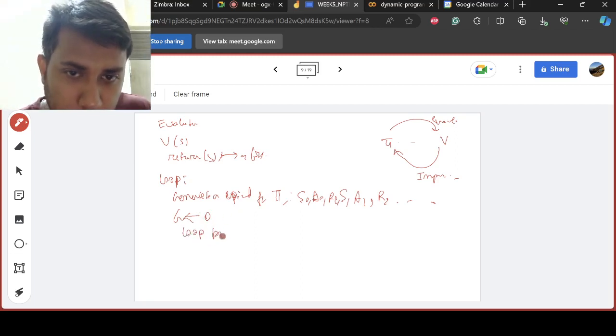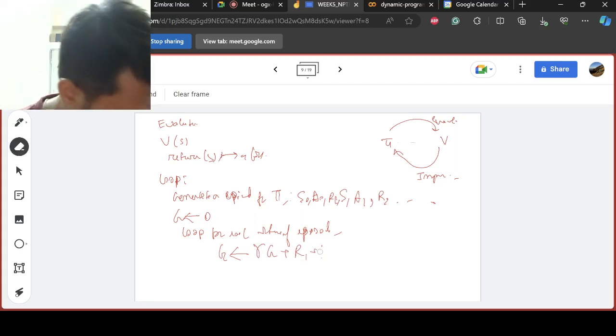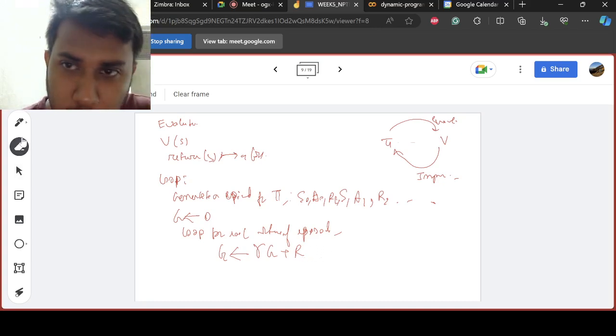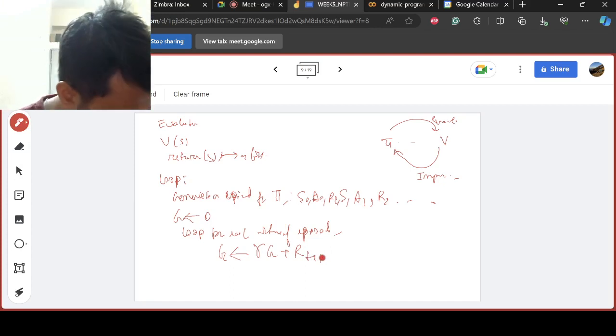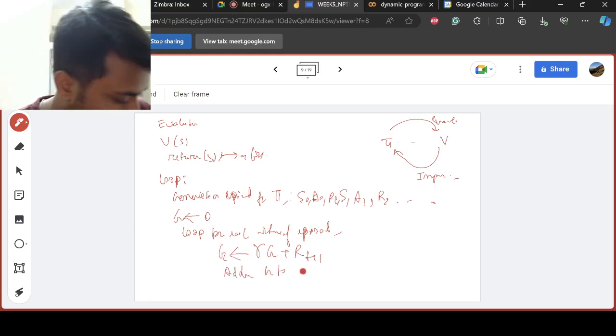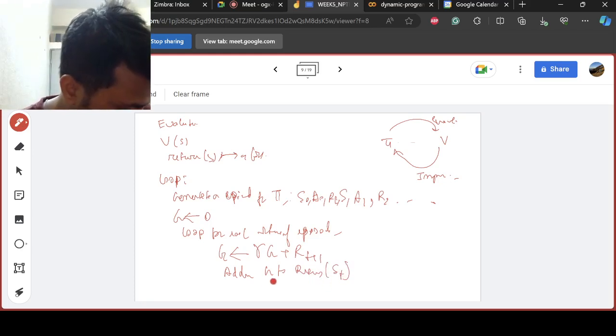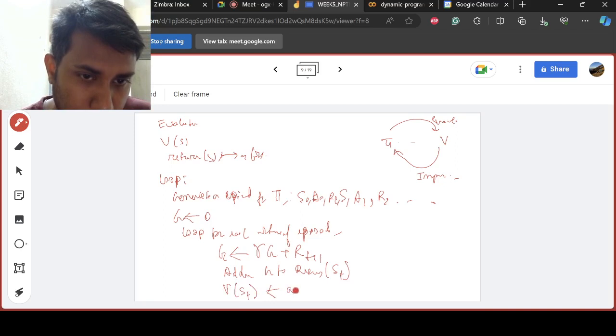Loop for each step of the episode: G is equal to gamma G plus r of t plus 1. Append G to returns of s_t, and V of s_t is basically the average of the returns.